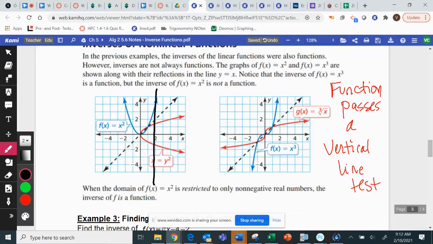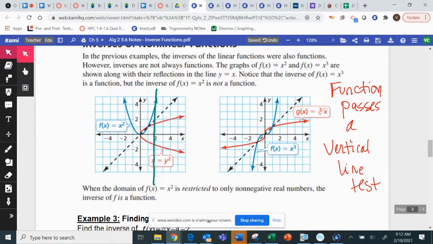Take any vertical line. If it is a function, I can take that vertical line anywhere, left to right. If it's a function, it will only cross through my vertical line at one point at a time. So this blue y equals x squared only passes through once.